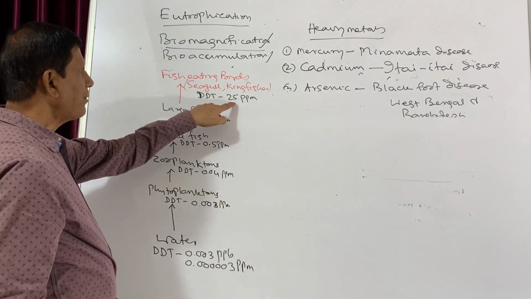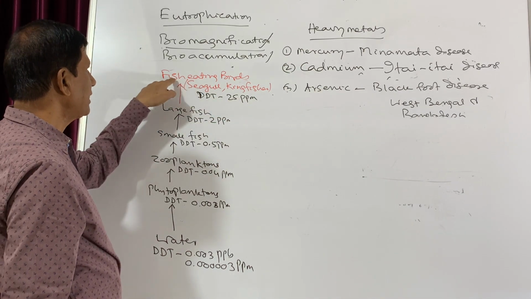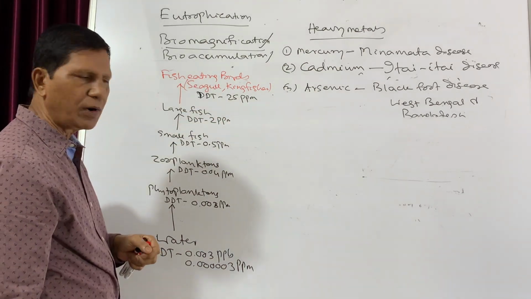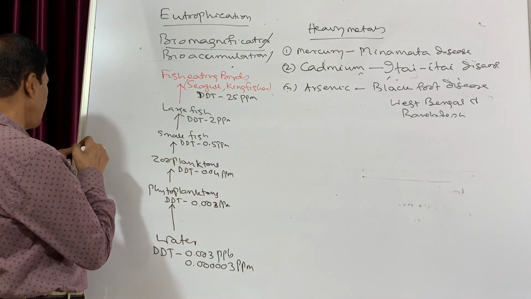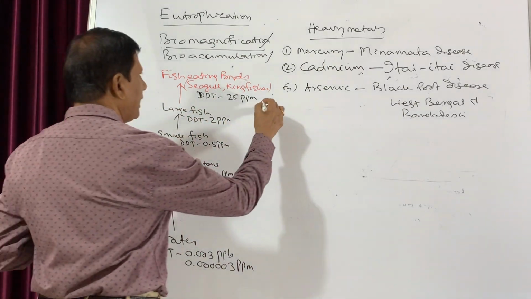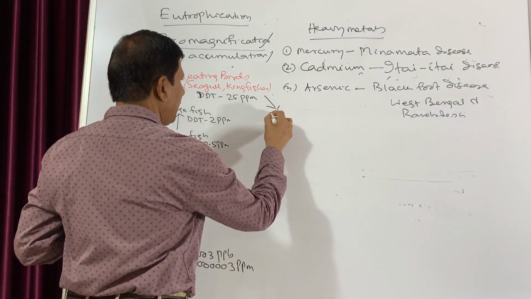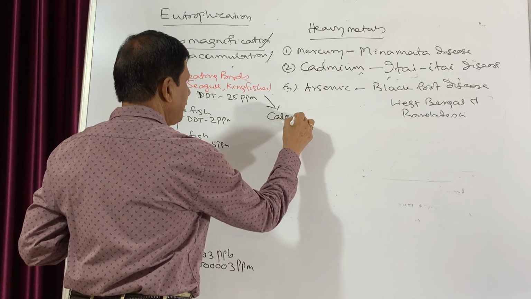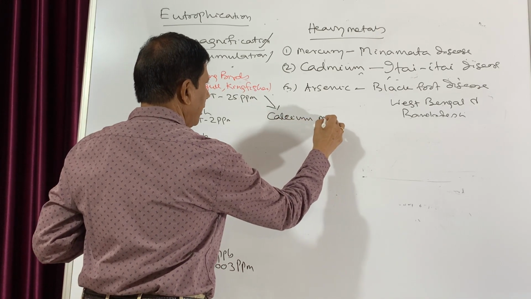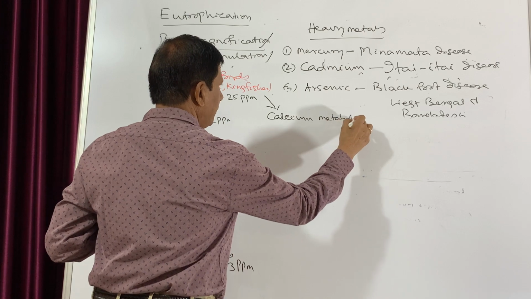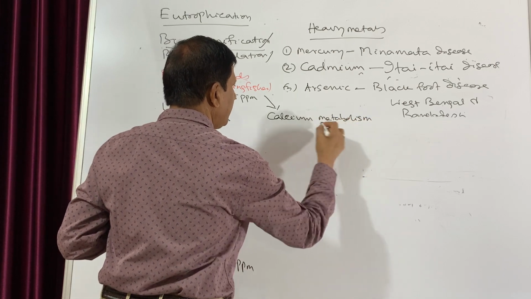When the DDT amount is 25 ppm in fish-eating birds, what will happen? Usually, their calcium metabolism is disturbed.